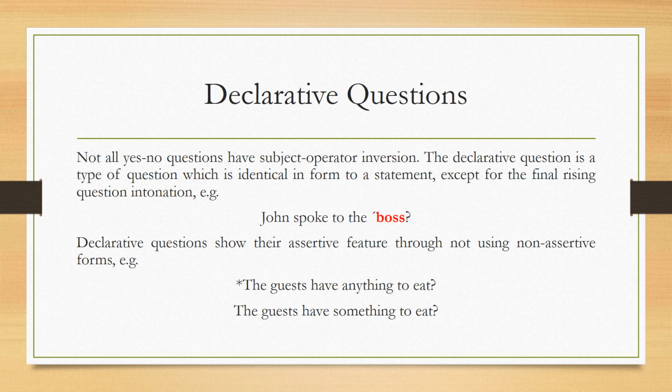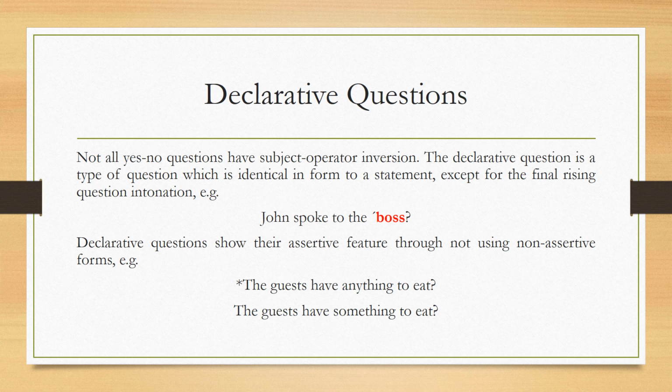We learned that in order to make a yes/no question, we have to make this inversion between the subject and the operator. But when we want to make a declarative question, we do not need this inversion. We keep the subject and the operator in their places.